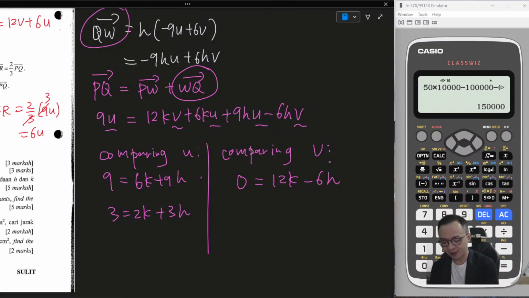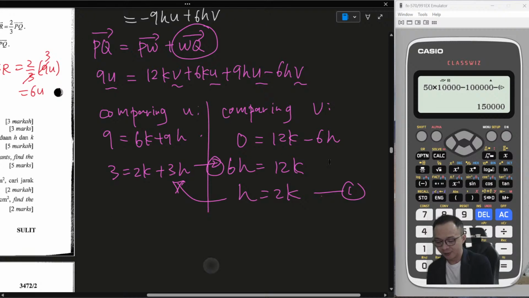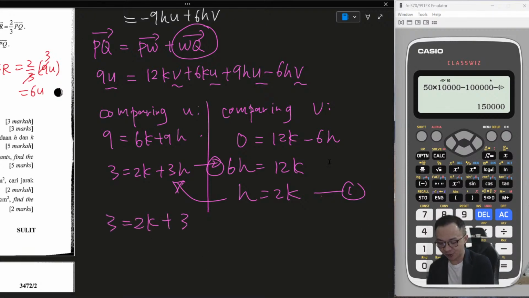So this one I can get an equation: 12K minus 6H equals 0, so H equals 2K. So I sub the first one into the second one: 3 equals 2K plus 3 times 2K. So this will be 8K, K will be 3 over 8. Sub into H, H will be double of it, so it will be 3 over 4.